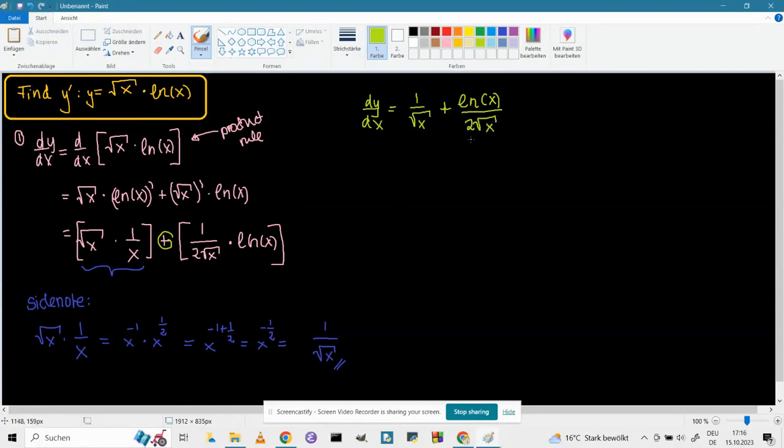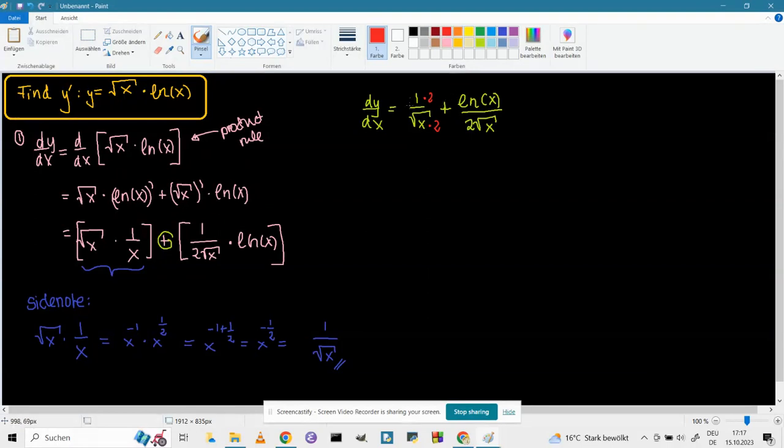Okay, so what do we do to add these? Well, we just multiply top and bottom of 1 over square root of x by 2. It's called the well-chosen 1, because 2 over 2 is just 1, so you're really not doing anything to the equation.